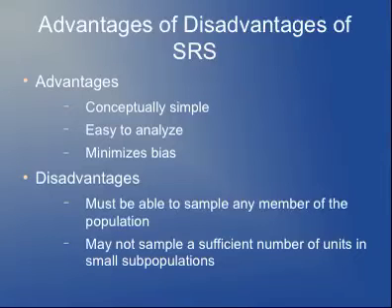The drawback of simple random sampling is you have to actually be able to sample any member of the population, which, particularly if your population is large, just isn't going to happen.